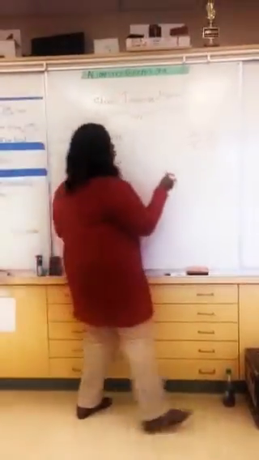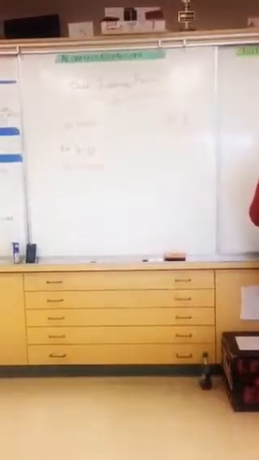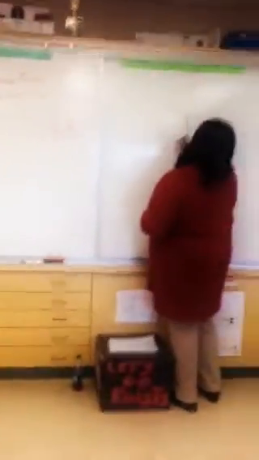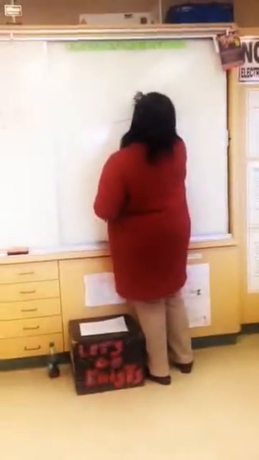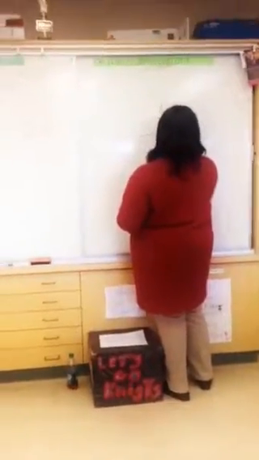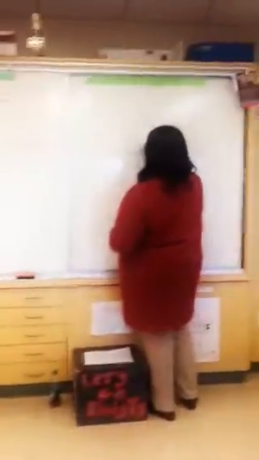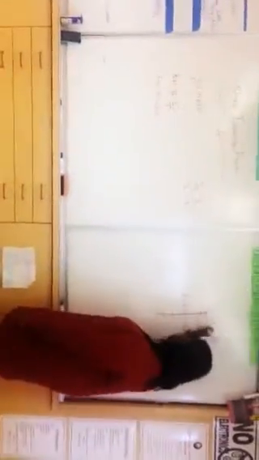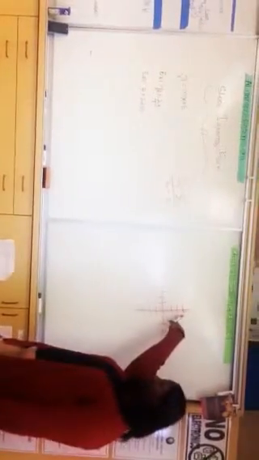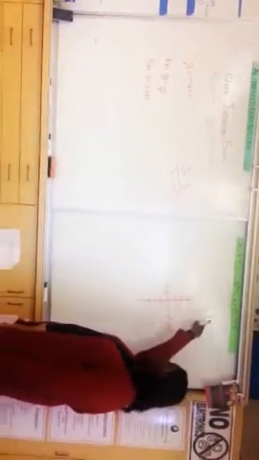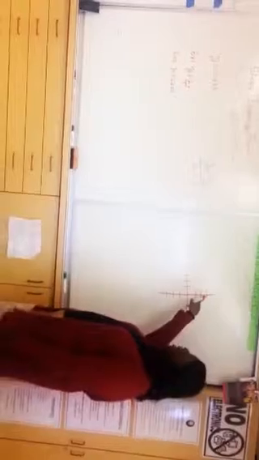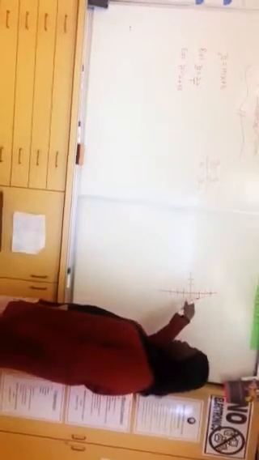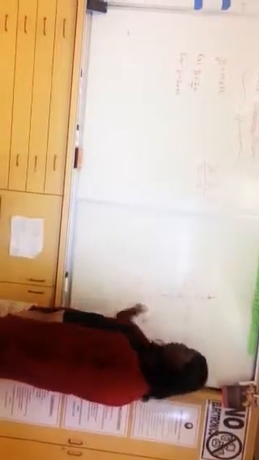So basically, when you graph in your second example, you will start at 3 on your y-intercept, and you will go up 2 over 1.